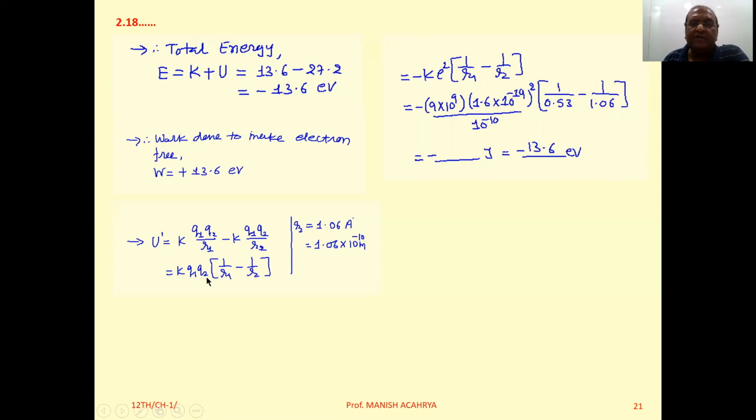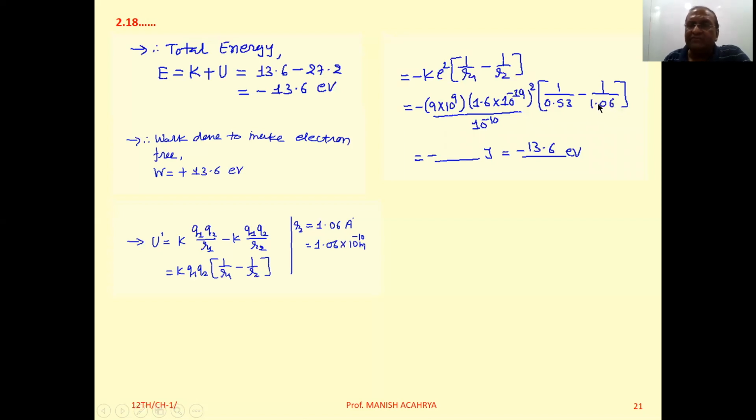Now Q1 Q2 is plus e minus e, so minus K e square into 1 upon R1 minus 1 upon R2. So minus K, that is 9 into 10 raised to 9, e, that is 1.6 into 10 raised to minus 19 whole square, 1 upon R1. R1 is 0.53 into 10 raised to minus 10 meter. R2 is 1.06 into 10 raised to minus 10 meter.